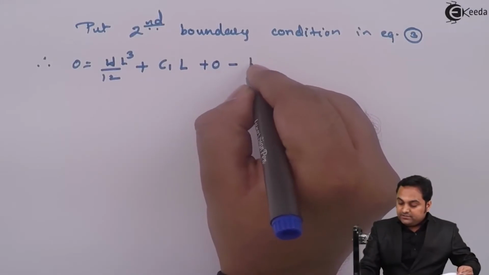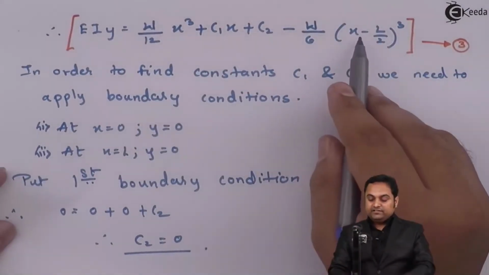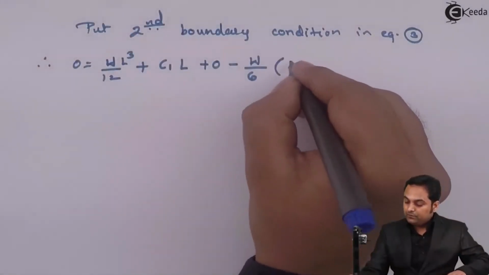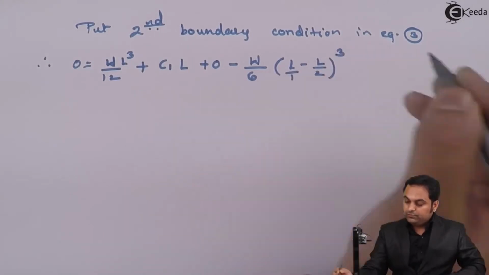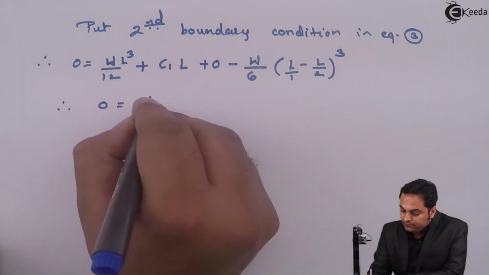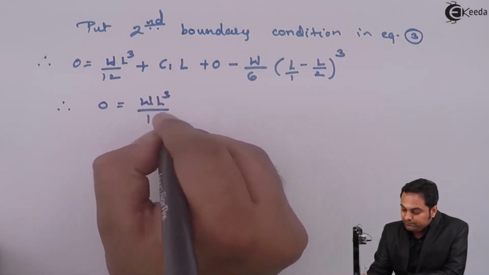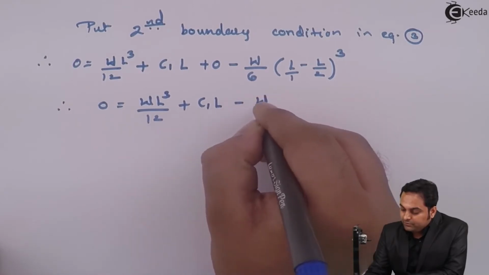Then minus W by 6. Instead of x, I'll put L. So L minus L by 2 whole cube. Therefore, we have 0 is equal to WL cube by 12 plus C1 into L minus W by 6 into this bracket.